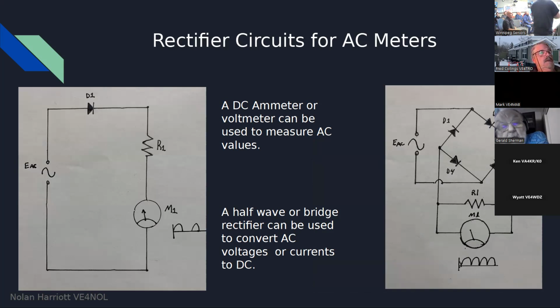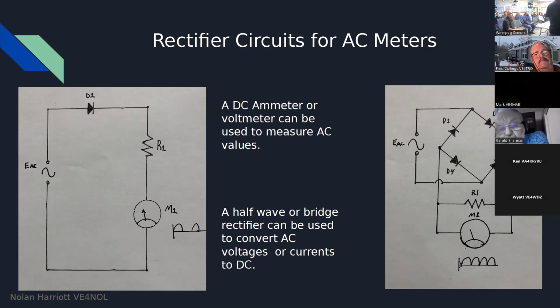Measuring AC, using a meter to measure AC. So, again, we talked about these meters are DC devices. So, how do we measure AC with that? Well, we have a couple of options. We use a rectifier: a half-wave rectifier, full-wave rectifier, or a bridge rectifier.